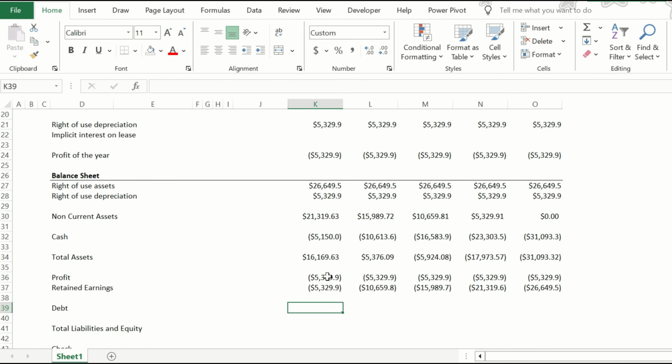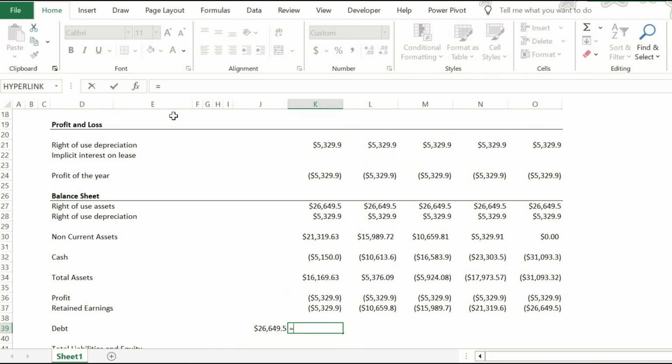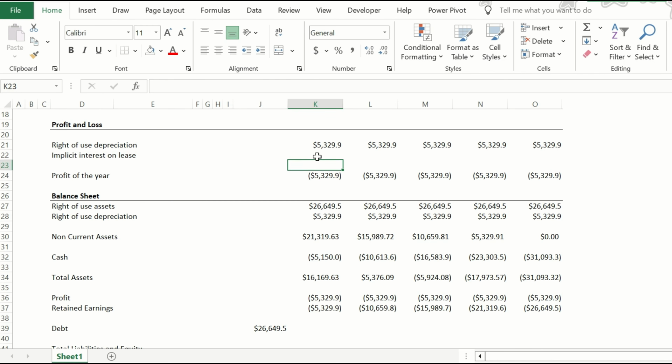Now the debt part, or the lease liability part. At the start, as I mentioned, the lease liability equals the PV we calculated and the right of use asset. So this is equal to this one. Now let's do the tricky part: the interest expense.